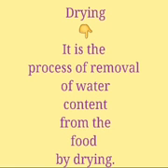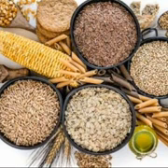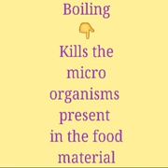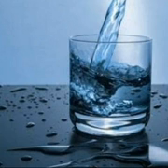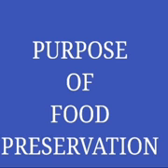Yes, drying, boiling. Drying, it is the process of removal of water content from the food by drying. Example, grains. Second one, boiling. Boiling kills the microorganisms present in the food material. Example, milk, water. Very good.